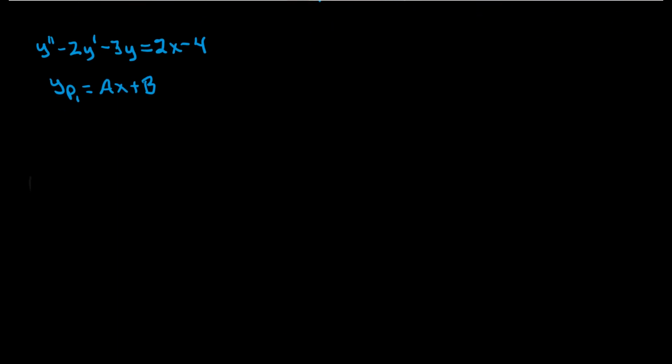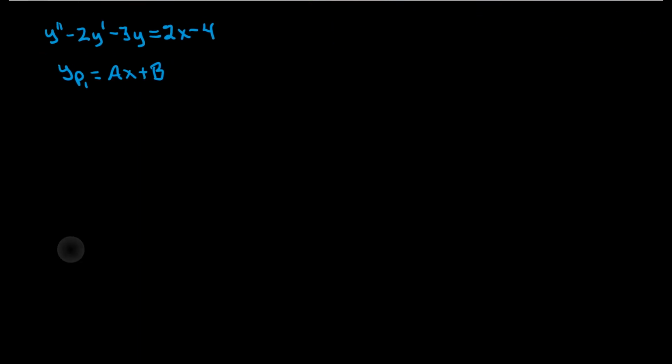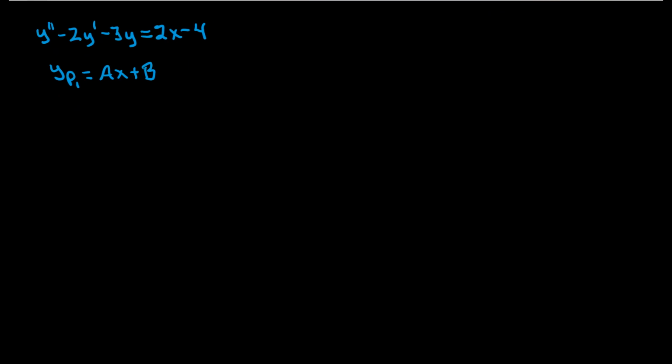With that in place, I can now compute my derivative. My derivative for this one is just going to be a, and the second derivative is not going to take much space at all. The derivative of a is 0.